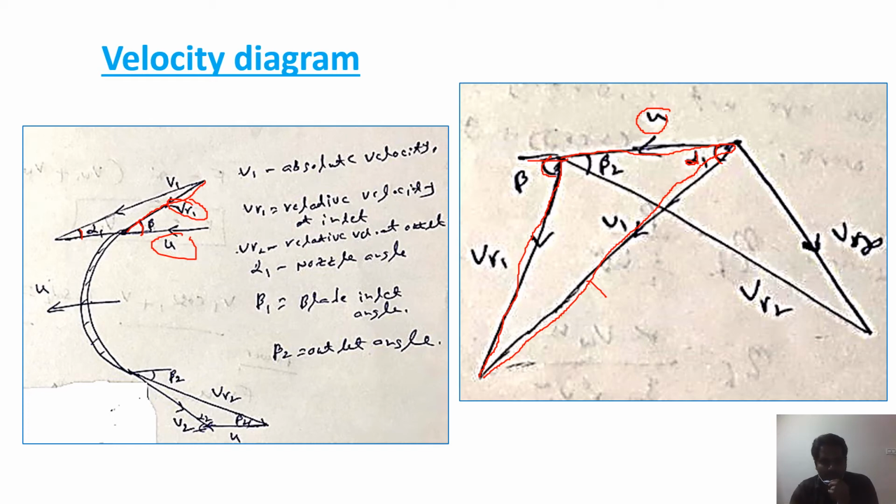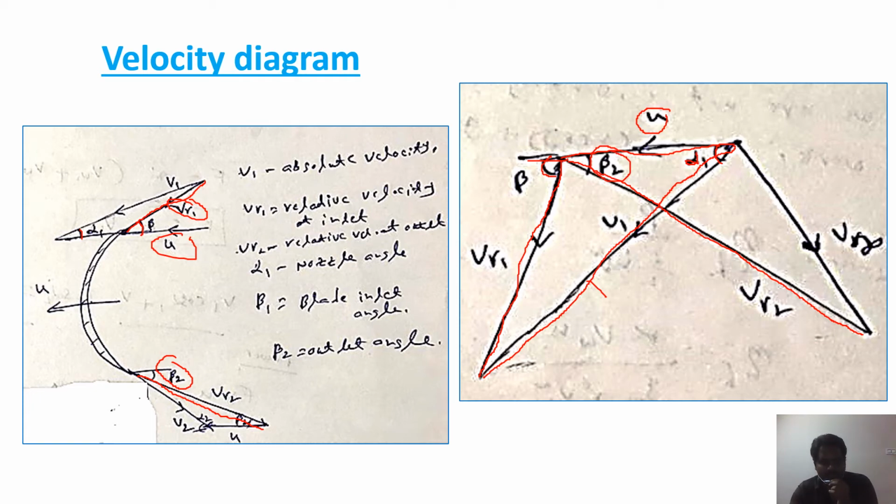At outlet, Vr2 is the relative velocity at outlet with the angle beta. So this is the Vr2. Vr2 is the relative velocity at outlet. Beta 2 is the angle from the u.